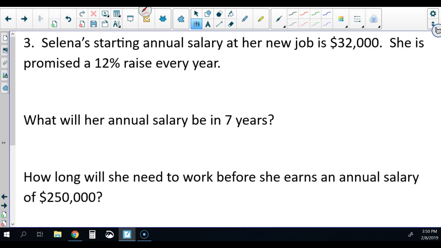So first we have to write a function, write the equation. It will be in the form of y equals ab to the power of x. Now the a here is our starting amount, always our starting amount.